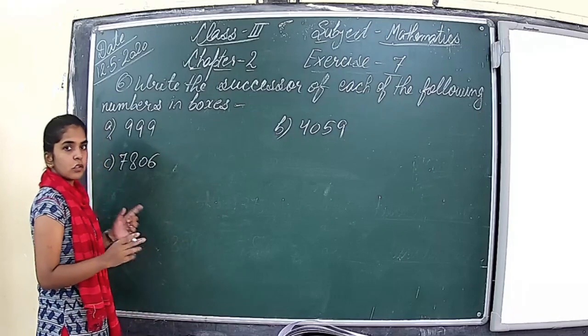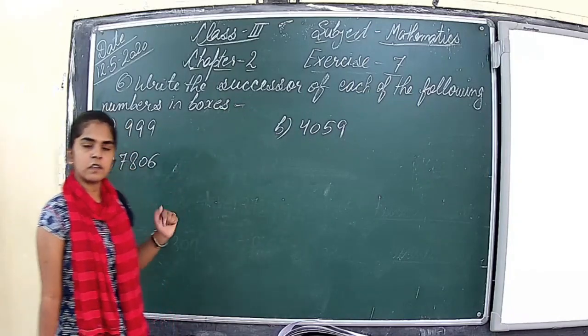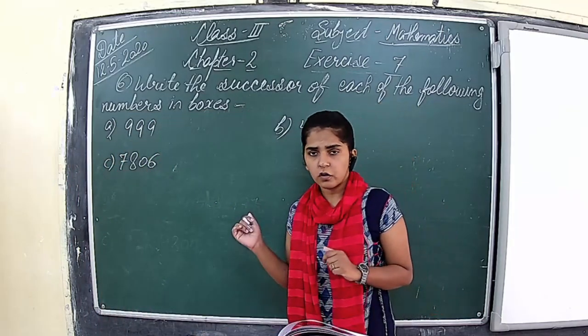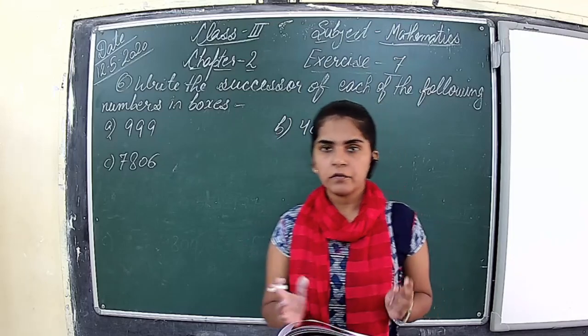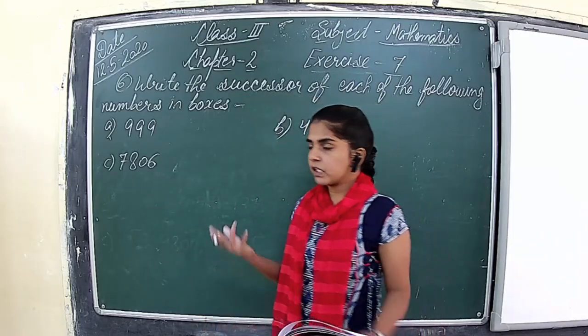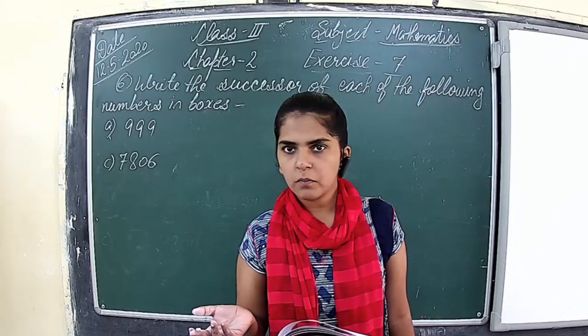Okay? So let's start. Successor. We want to find the successor of the numbers. I told you when we want to find successor of a number, it means we have to add 1 in the given number, right? Or we can say that successor of a number is next of the given number.